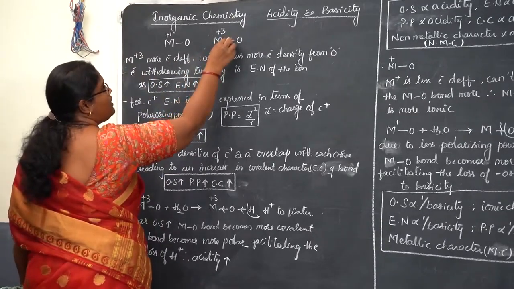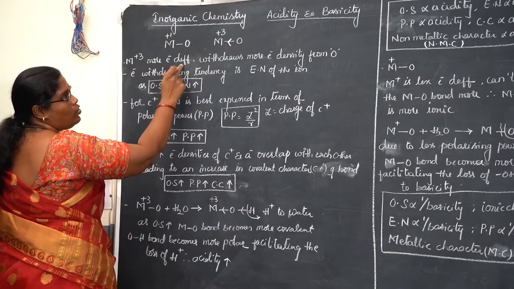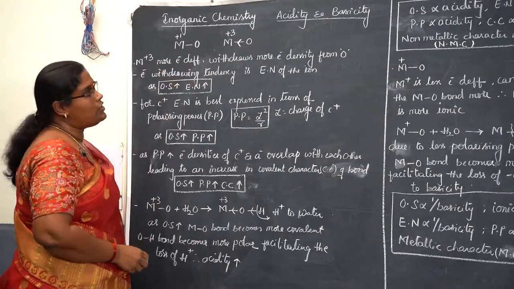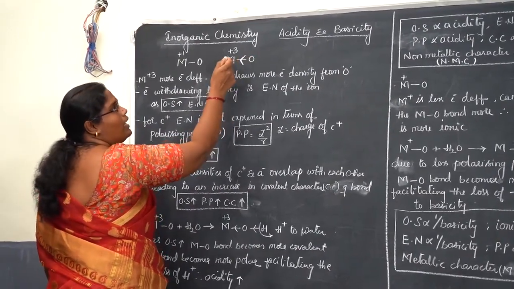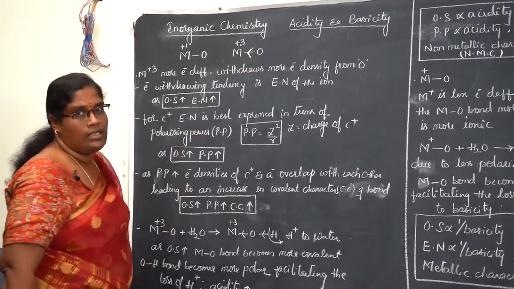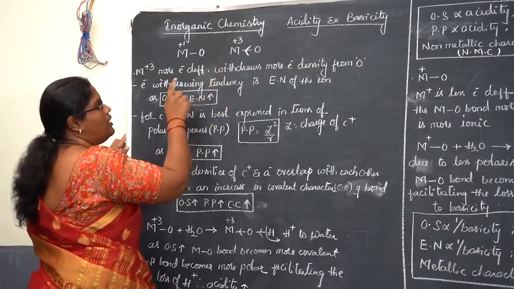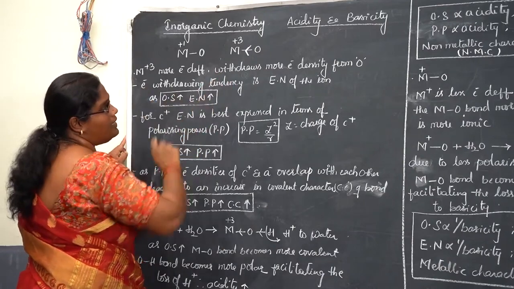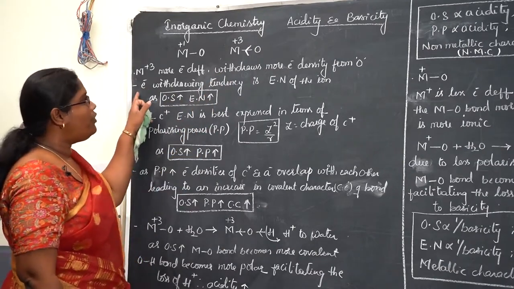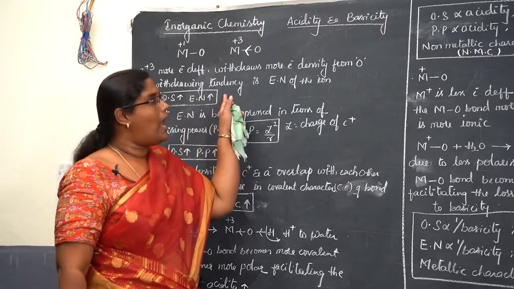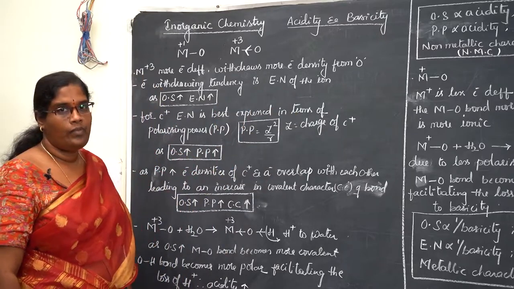When the central atom is in +3 oxidation state, it becomes more electron deficient, and to satisfy that electron deficiency, it will withdraw more electron density from oxygen. So what happens due to this? The electron withdrawing tendency of any atom, we express in terms of electronegativity.